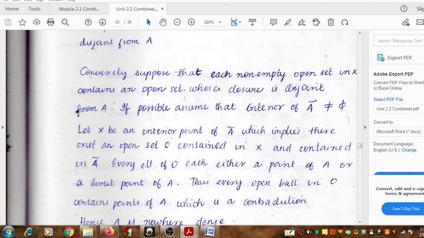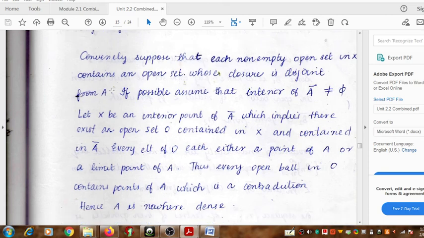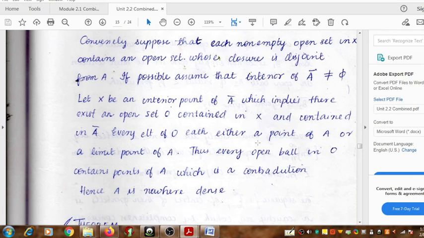We accepted the statement that each non-empty open set in X contains an open set whose closure is disjoint from A, so its closure avoids A. But this situation is not true. We cannot proceed with the truth of this statement because of the situation we have obtained here.